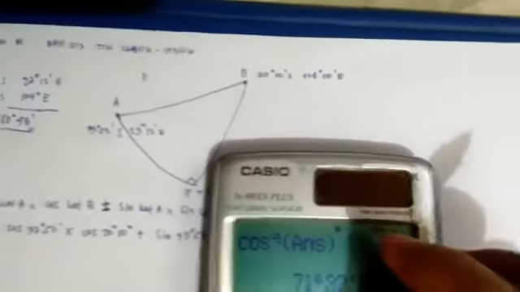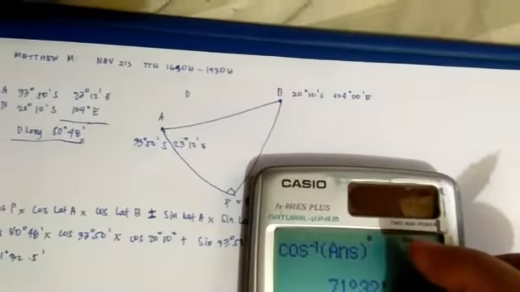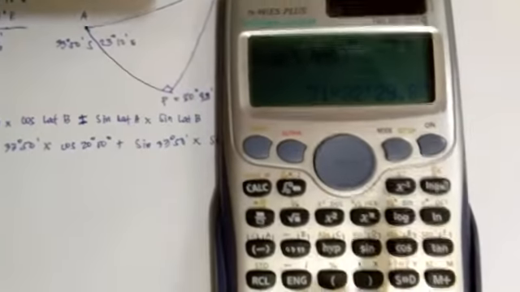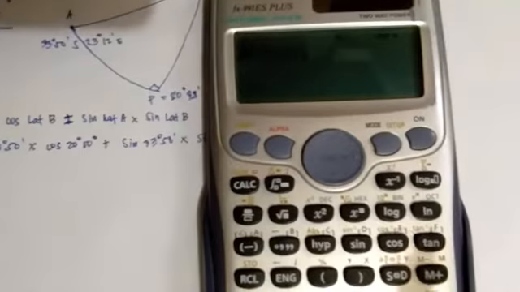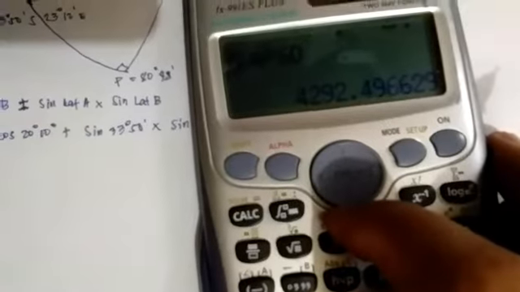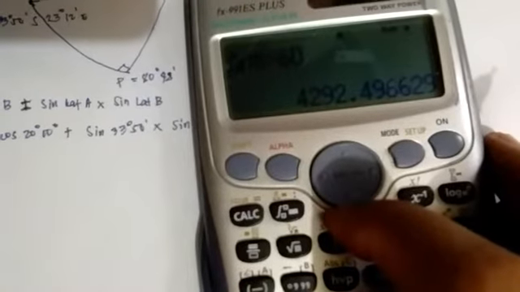So after this, in order to get our distance, since distance is in miles, we need to multiply this by 60. So we will get the answer of 4,292.496629.